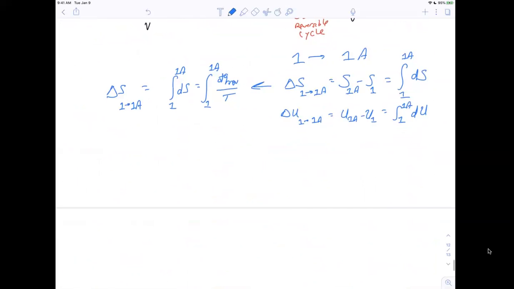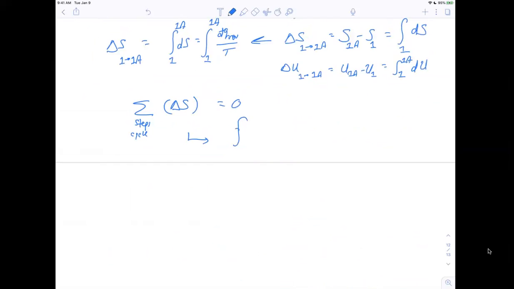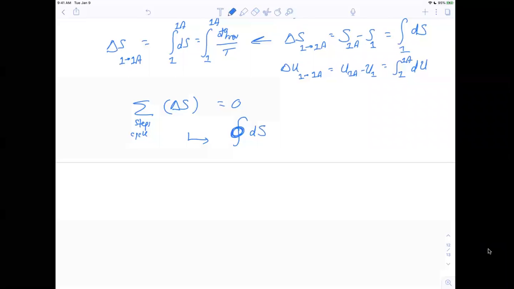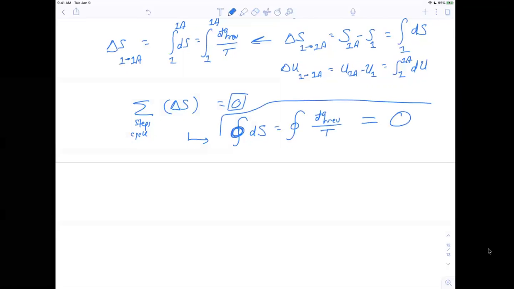And so this discrete summation over steps of delta S over a cycle, which we set as 0, then becomes, for a general process like this, the integral over a cycle of ds, which is the integral over a cycle of dq reversible over T, equal to, identically, 0, much as it was here. So this is a very important result.